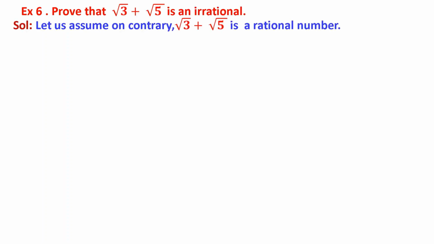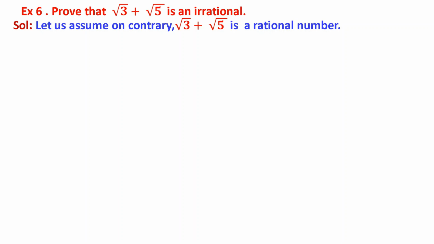Now one more example. It's very important for the annual examination. What is given in the question? Prove that root 3 plus root 5 is irrational. Let us assume on the contrary that root 3 plus root 5 is a rational number.